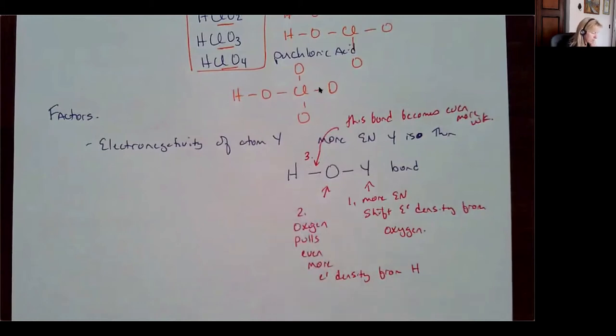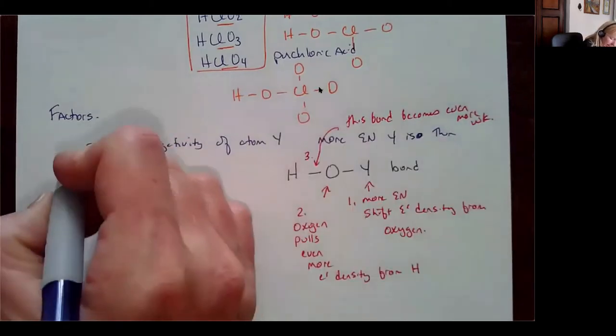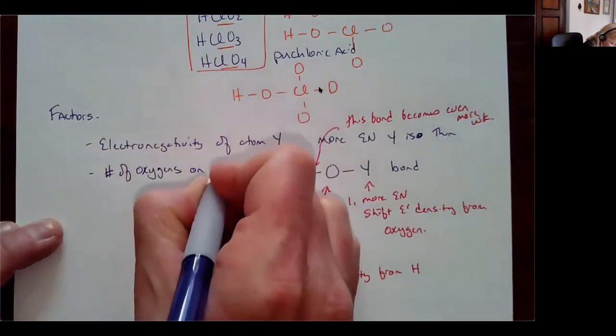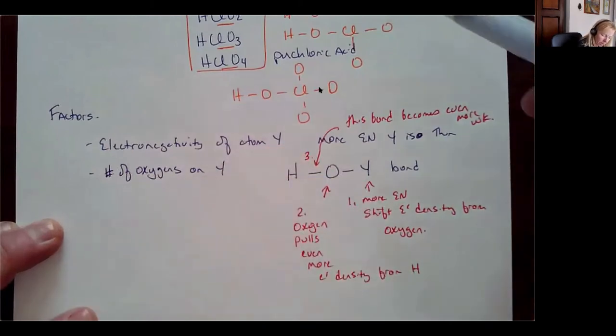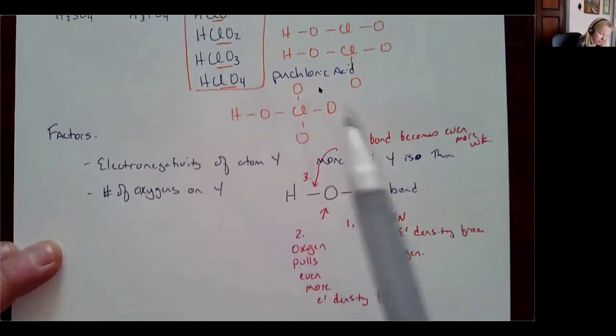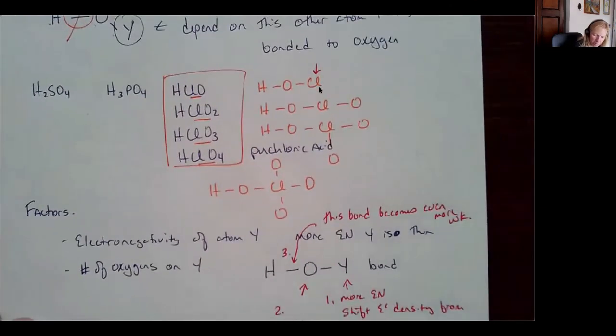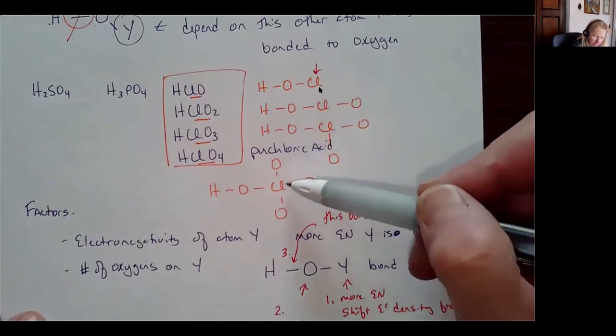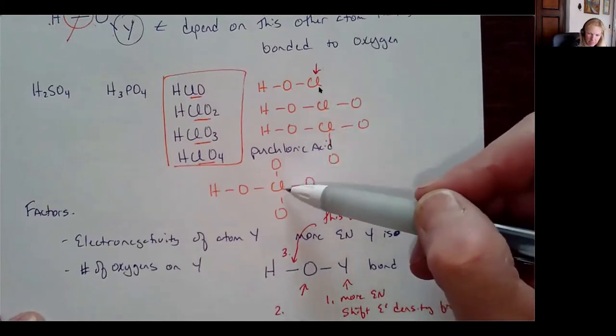So one of those would be the electronegativity of atom Y, and then the other one is the number of oxygens on Y. As the number of oxygens increases, it's going to change the nature of this bond. If we look back here, my difference in electronegativity is going to be the same for all of these because chlorine is the same for all of them.